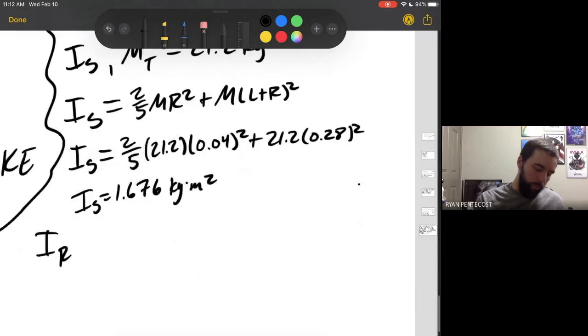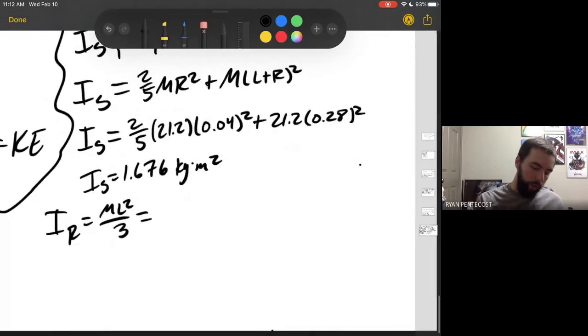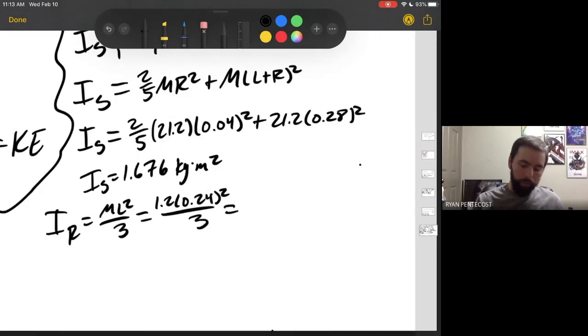Moment of inertia of the rod, that will be ml squared over 3. Not mr squared, ml squared over 3. So you've got the mass of 1.2. The length would be 0.24 squared. Divide that by 3. That is 0.023 kilogram meters squared. So we will add those up.